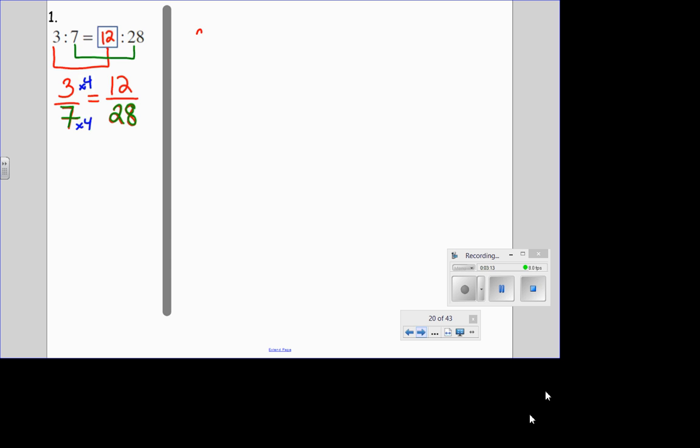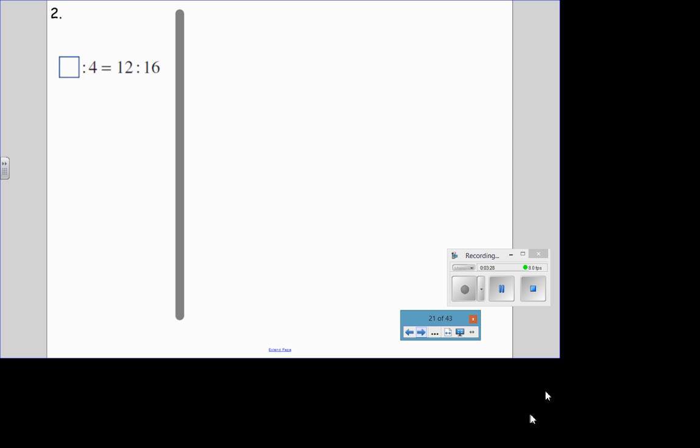So when I write down 3 is in a ratio to 7, I really also mean that 12 is in a ratio to 28. So those are equivalent because they have the same scale factor to get from one to the next. Another example would be this one, where an empty box is going to be equated to 12, and then we have the 4 compared to the 16.